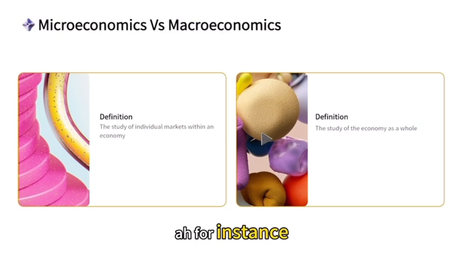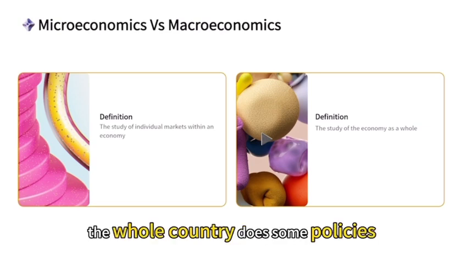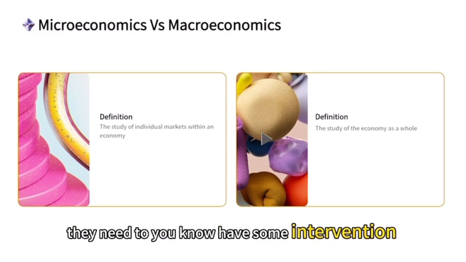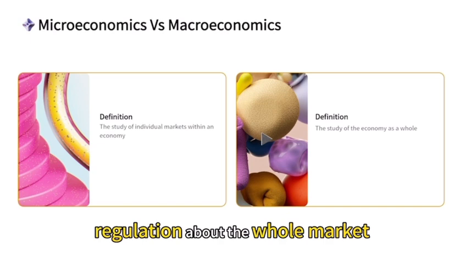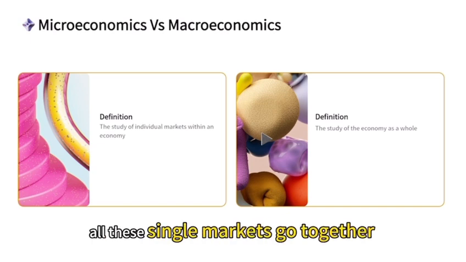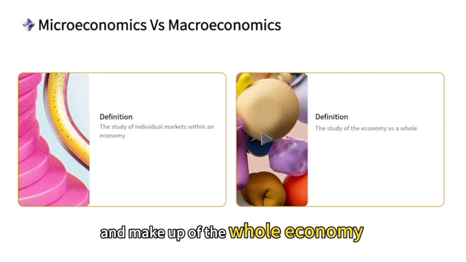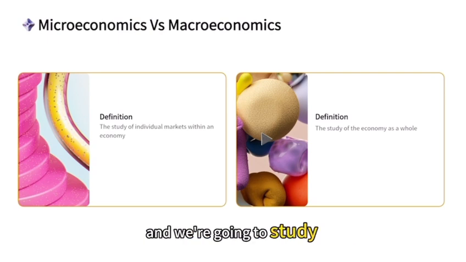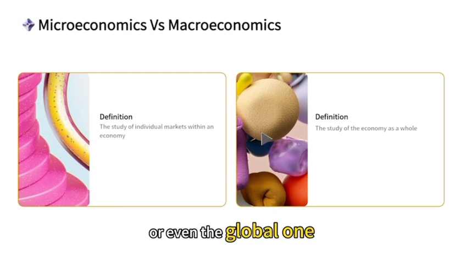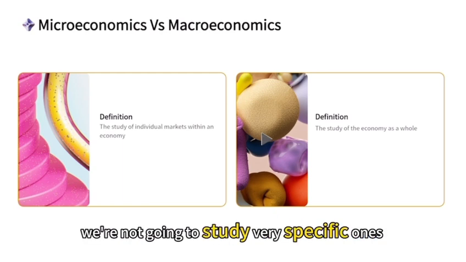For instance, the whole country makes macro policies of government. They need to have some intervention and regulation about the whole market. It's not just one specific market. All these single markets go together and make up the whole economy. And we're going to study the whole economy, the entire one, or even the global one. We're not going to study very specific ones.